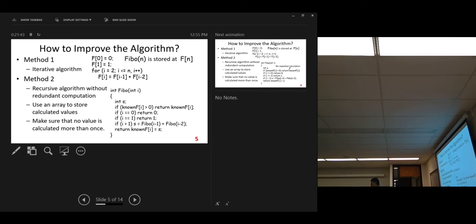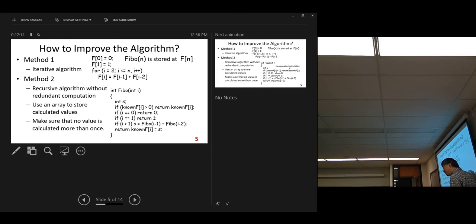Try to look at the idea. This idea has a lot of significance in algorithm design. Very important. Now compare.